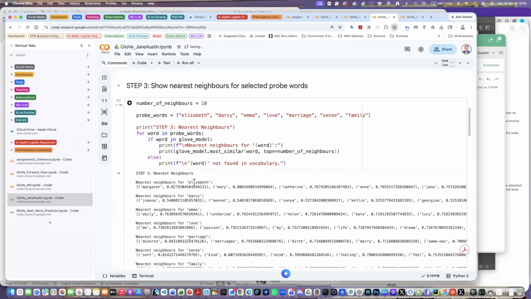Do you think they are actually neighbors, because they are all names of people, right? Has the grouping happened properly? What do you think? I think yes. These are all names of people, so they are flocking together.